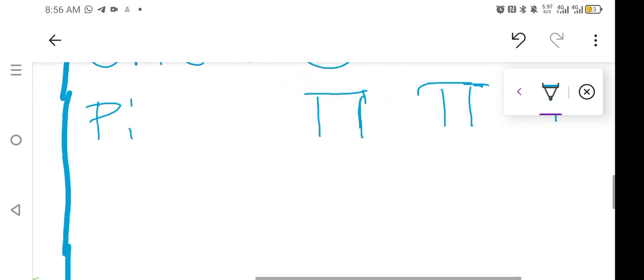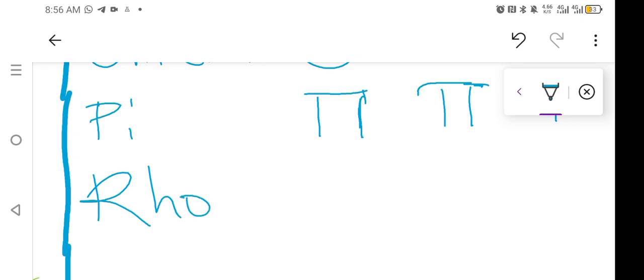The next letter is rho. Now, you're going to find this and it's probably going to confuse you a little bit, because when you find it, it's going to look like the letter P. When you find something that looks exactly like the English letter P, that is not P at all.